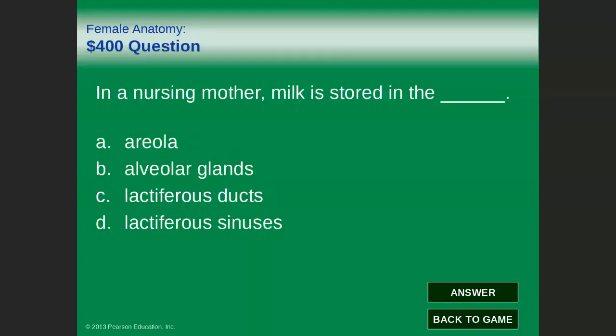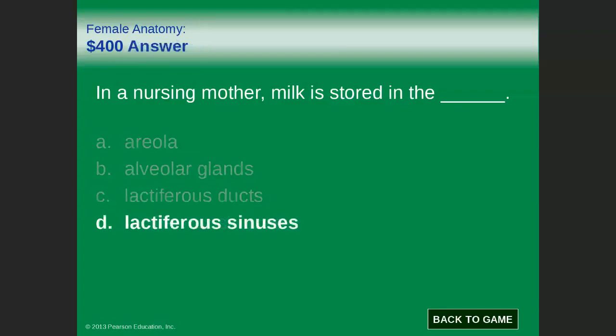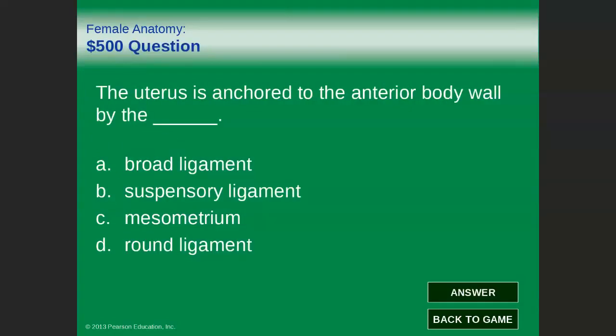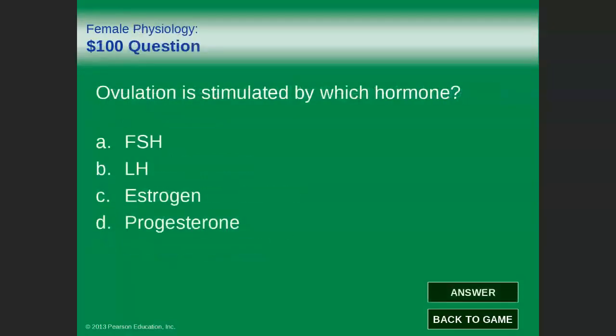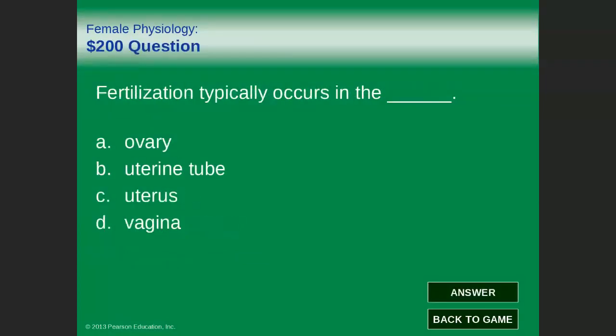Milk is stored in the lactiferous sinuses. Got to be the round ligament. LH stimulates ovulation. Fertilization generally occurs in the ampulla of the oviduct.